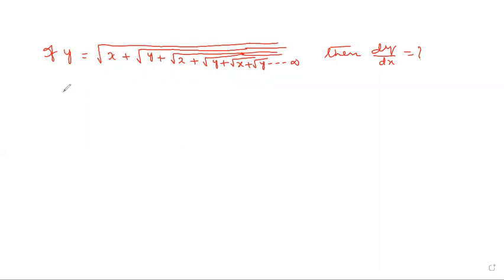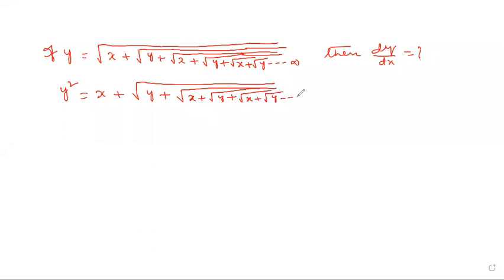First apply squaring. Y square is equal to x plus root over y plus root over x, alternating x and y. From here onward it is again the alternating x and y series, which is again y.